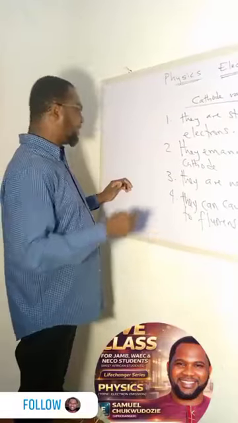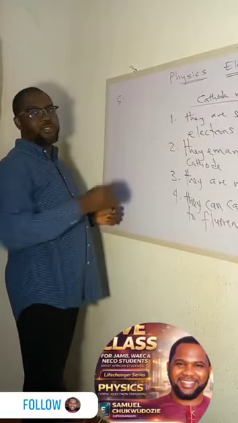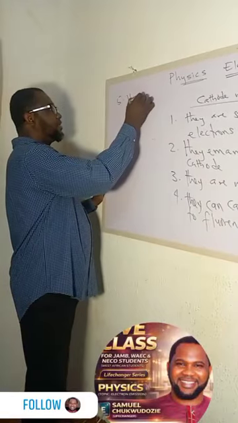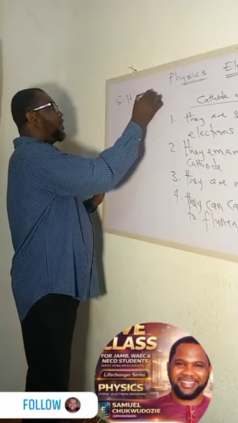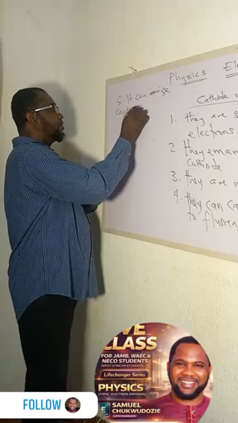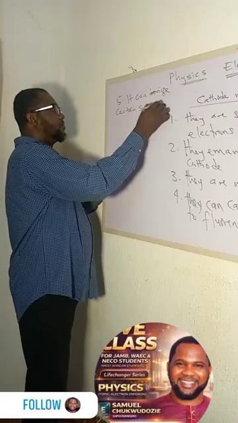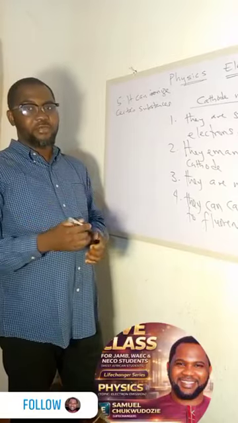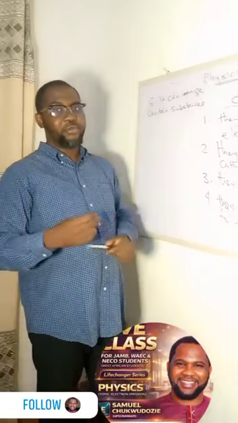Another property, number 5, is that it can cause certain substances to ionize. It can ionize certain substances. So that is another property of cathode rays. What that means is that it can produce ions.